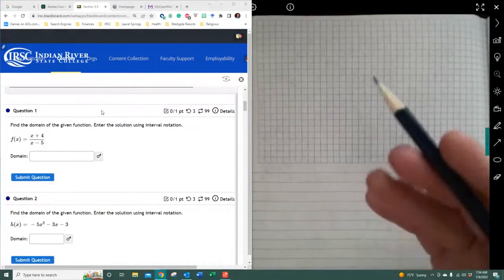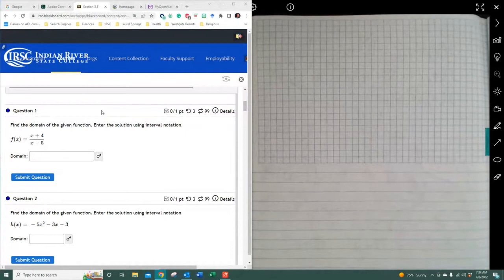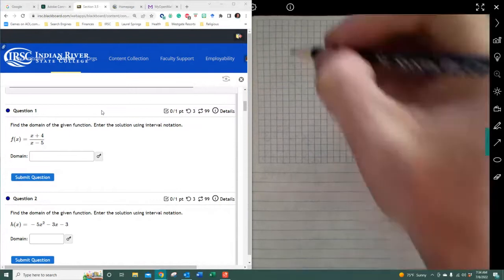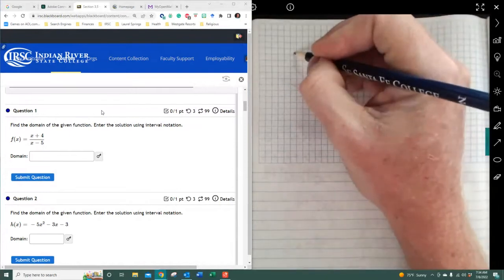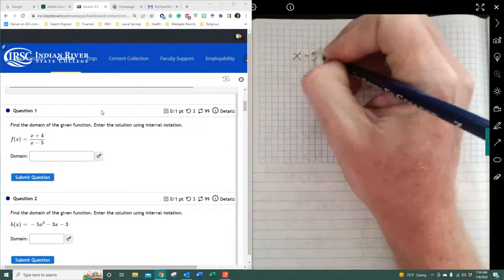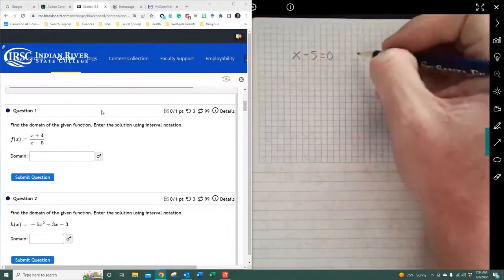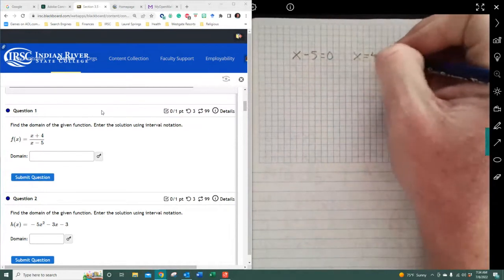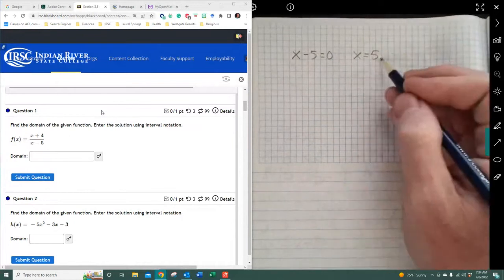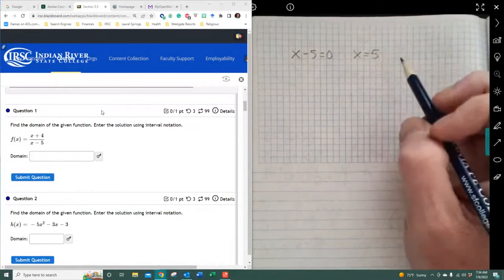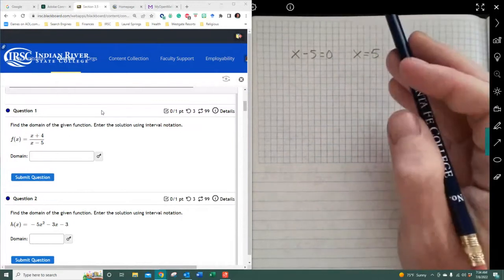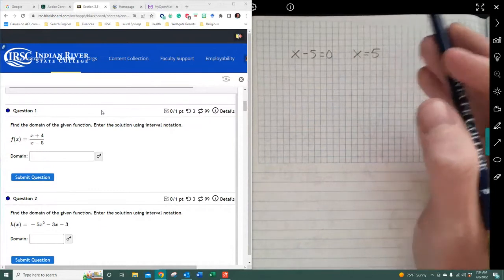For example, for this particular one, we have a fraction for number one. So you can't divide by 0. That's a restriction. So with any fraction, you set the denominator equal to 0 and you solve for it. So x equals 5 means that when we put 5 in there, 5 minus 5 is going to equal 0.